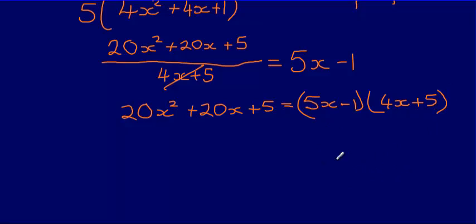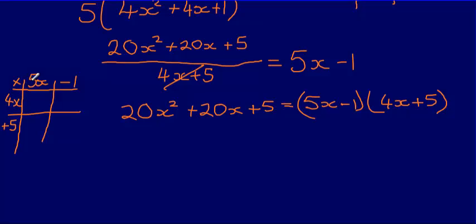Again, I've got double brackets, so using that grid that we did earlier, I'm going to be doing (5x − 1) multiplied by (4x + 5).